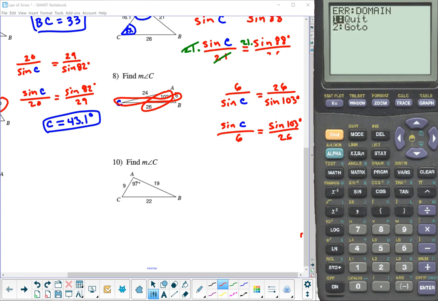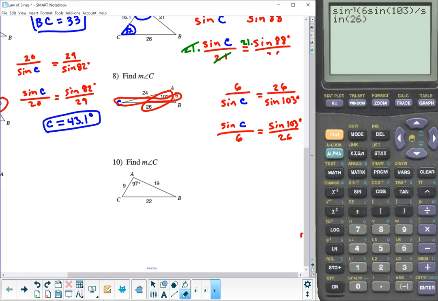Oh, no double parentheses. Wait a minute. Did I type something wrong? Let's see. 6 over sine of C. Yep.